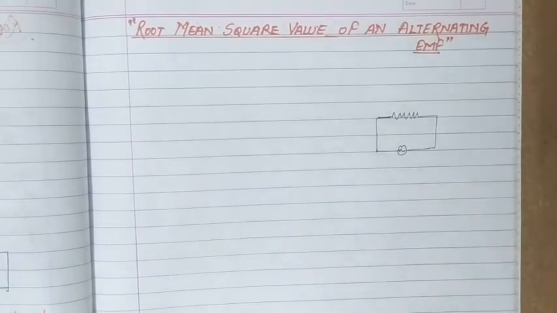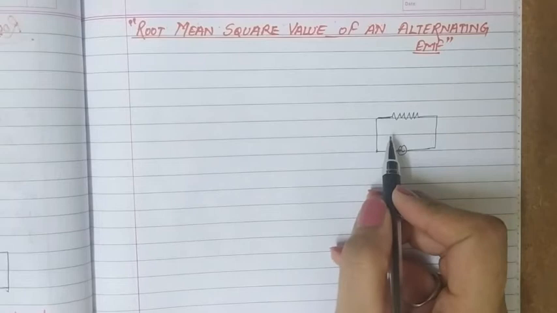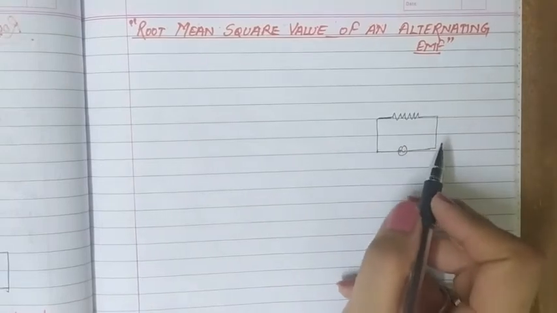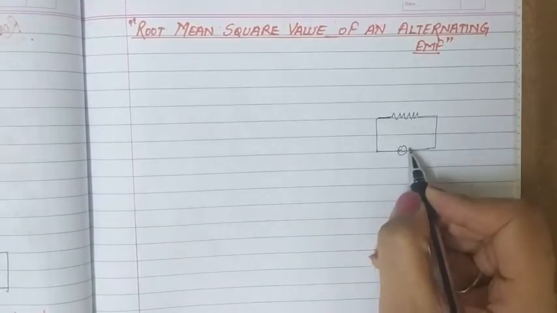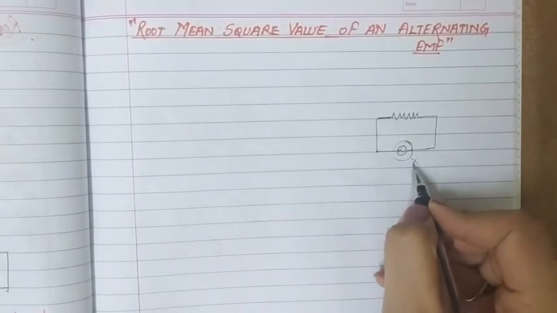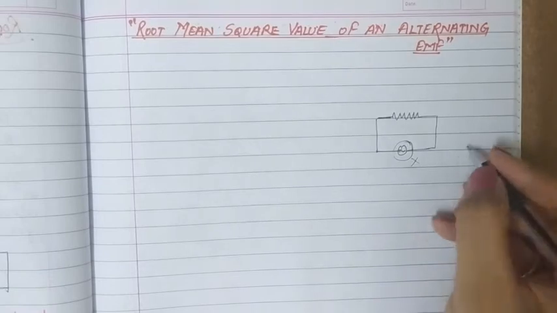That heat gets dissipated because of the flow of current. Now to define the RMS value of alternating EMF, we replace this alternating EMF source with a steady source.